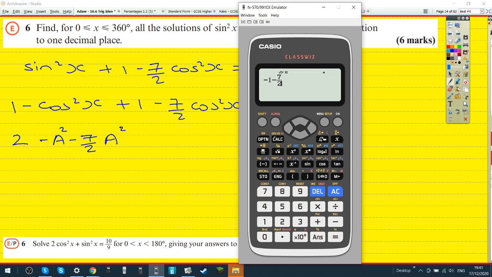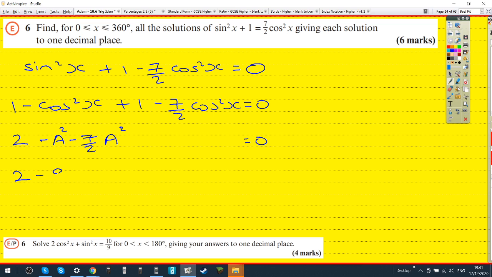And so minus 1 minus 7 over 2, so it's minus 9 over 2. Yeah, 2 minus 9 over 2 a squared. Oh, because you multiplied this minus 7 over 2 by minus 1 and added them together. Equals 0.